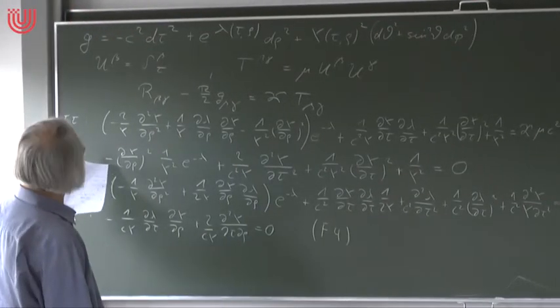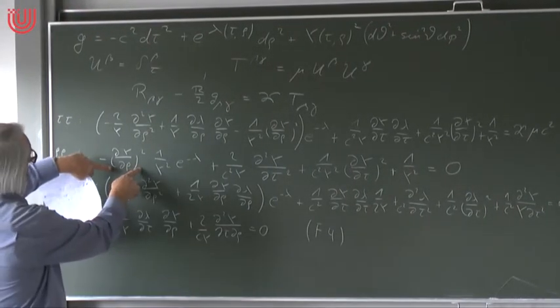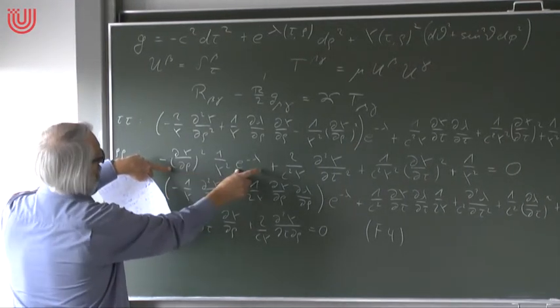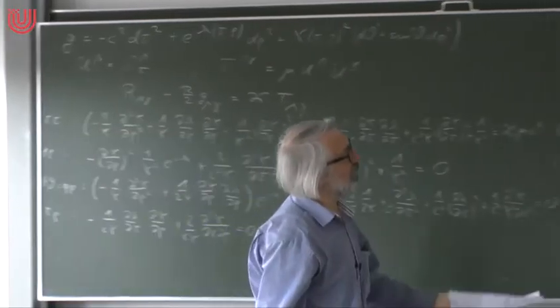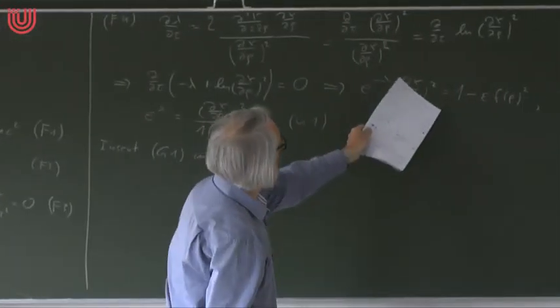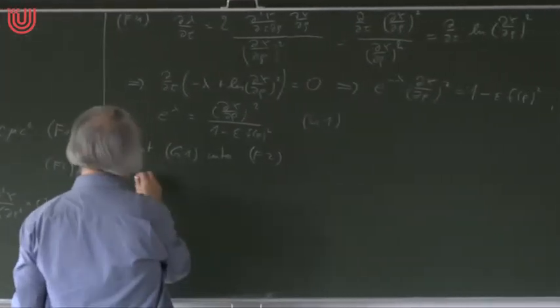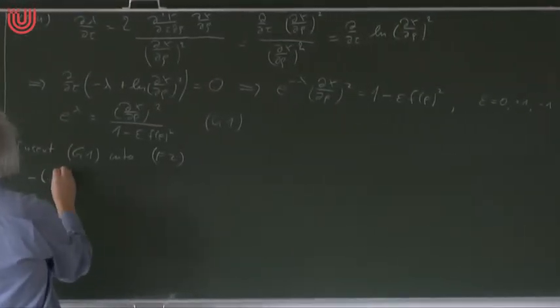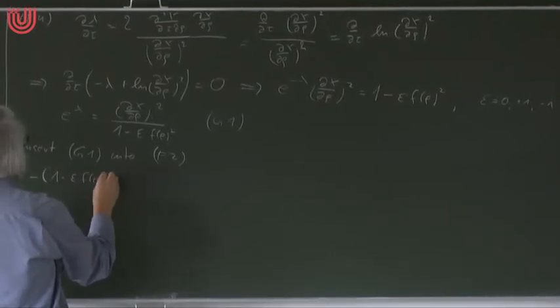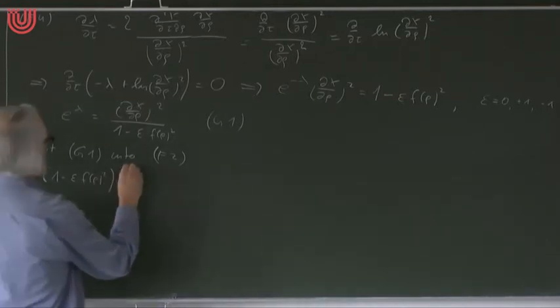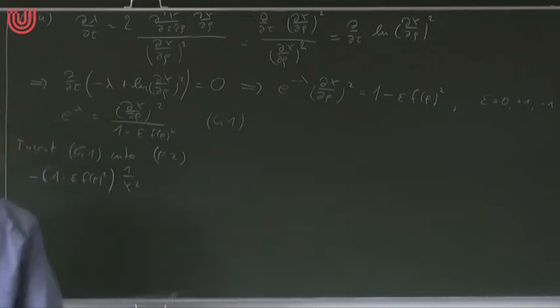So here, this derivative is exactly the expression which we have calculated, right? The first derivative of y with respect to rho squared times e to the minus lambda. That's exactly this expression which we have here. So there's a minus sign in front of everything. Let me write it here. Minus 1 minus epsilon f of rho squared, times 1 over y squared. So that's the first term.